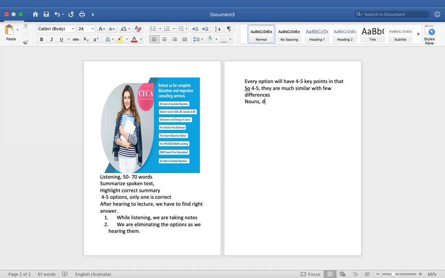While taking notes, again, nouns, dates, adjectives, adverbs maybe, and definitely verbs maybe, these are the things you are specially noting. With the help of these notes, you will be able to find the most accurate option out of the 4 given.